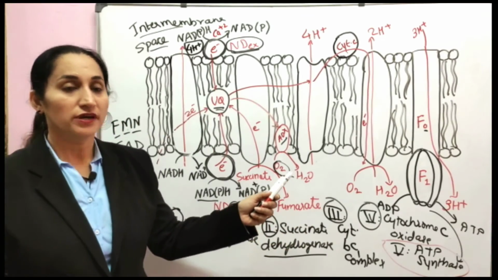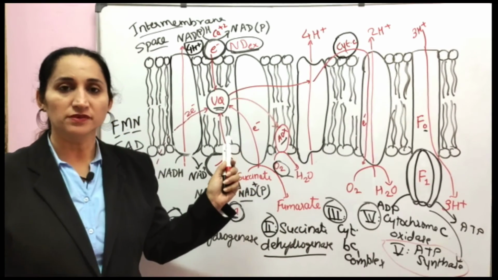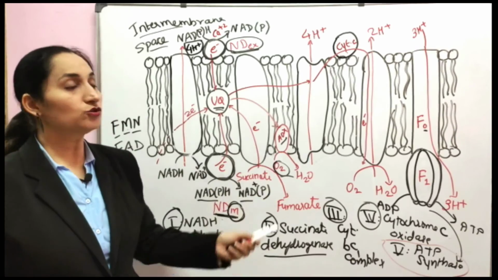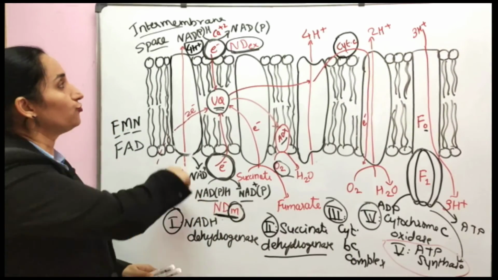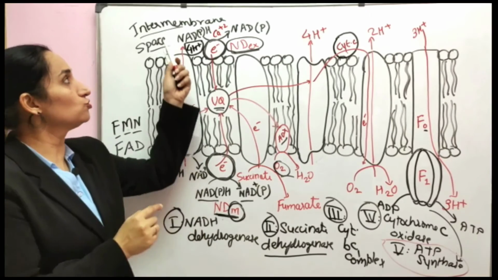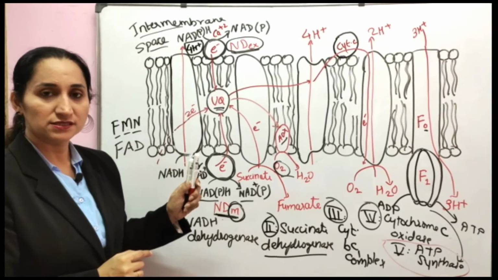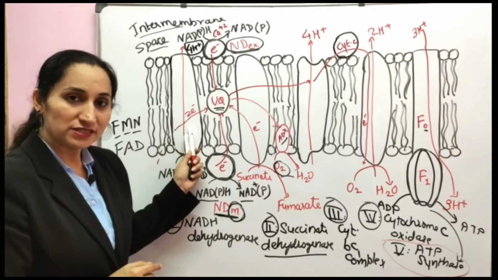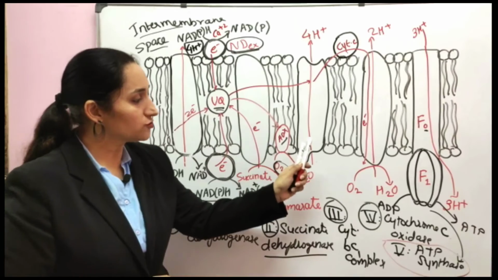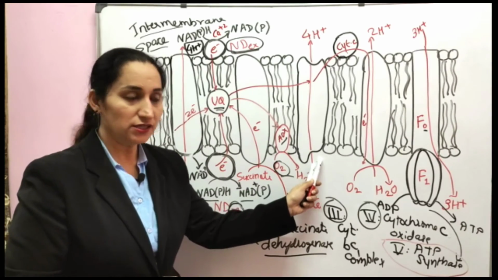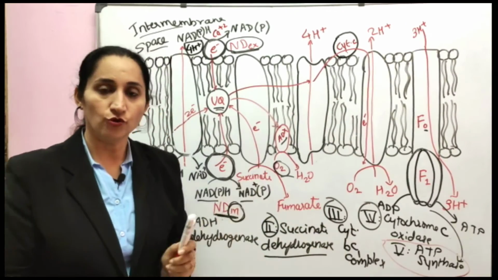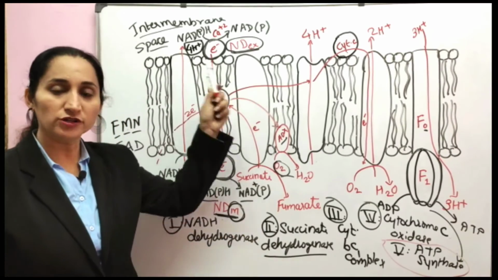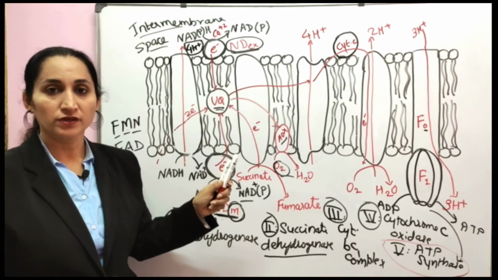Till now, in this electron transport system, we have seen that a proton gradient is formed. Per electron pair, 4 protons were pumped from the matrix to the intermembrane space from complex 1, 4 protons were pumped from complex 3 and 2 protons per electron pair were pumped from complex 4. So now the proton motive force has been created.